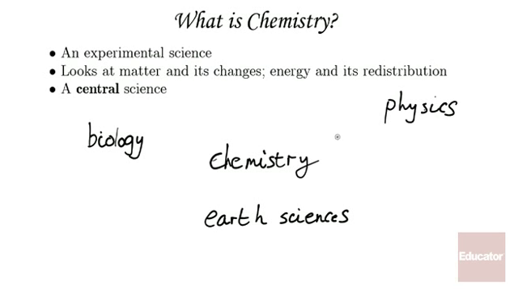The first, chemistry to physics, involves a subdiscipline of chemistry known as physical chemistry. And in recent years, physical chemistry has also become interwoven with computational chemistry.